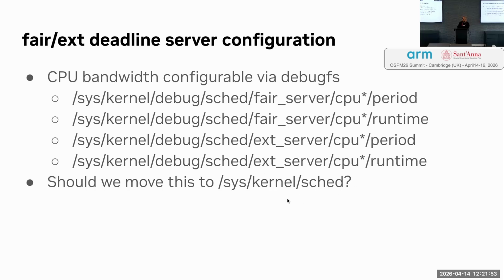The reason is that debugfs is not enabled for all people. And the other thing is that secure boot and kernel lockdown don't allow changing stuff in debugfs. I don't know, Peter, Yuri.